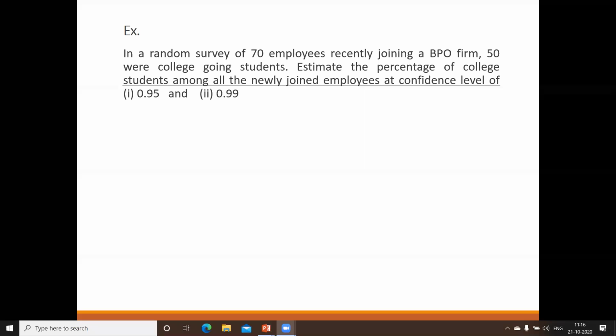Okay. So using 1.96, please calculate the interval estimate. Now this has to be for the first one, that is at 95% of confidence level. And you can put it in the chat once you get the answer.